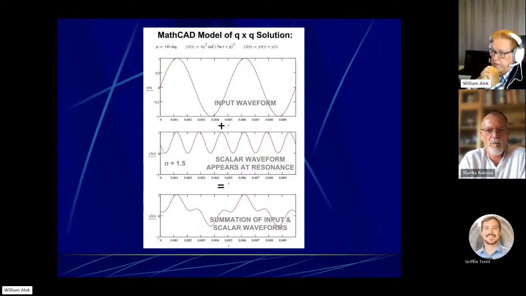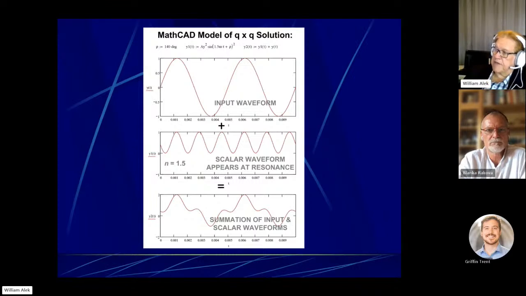So what are these waveforms? I did some MathCAD waveform calculations. I set this up in MathCAD, put my equations in, and see what the input waveform is. That's my sine wave input.